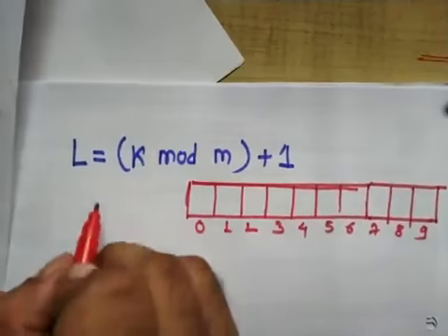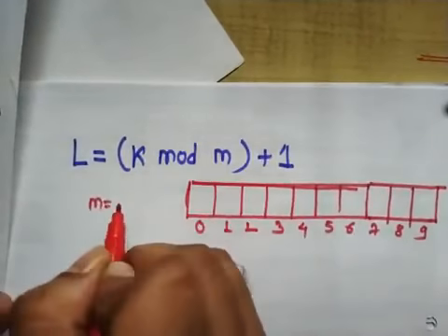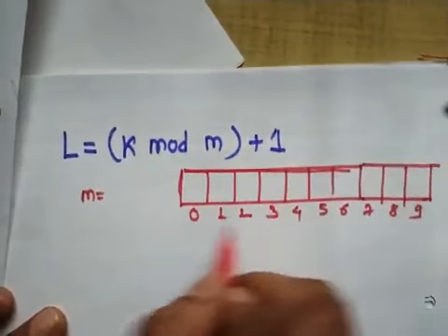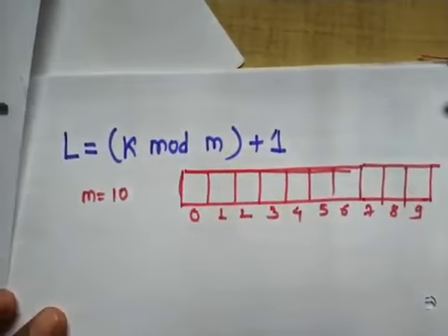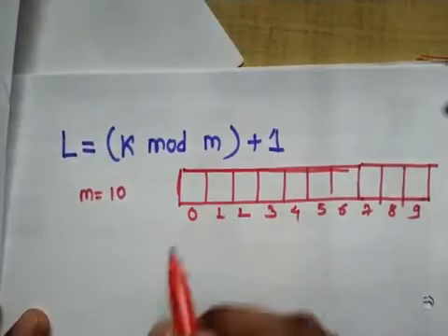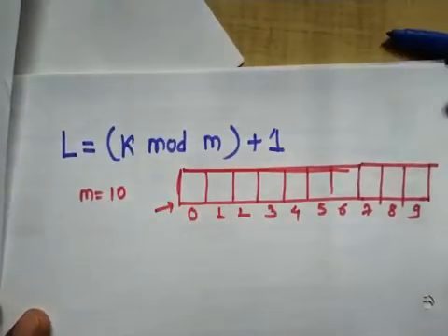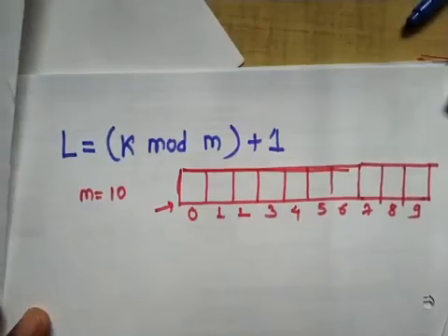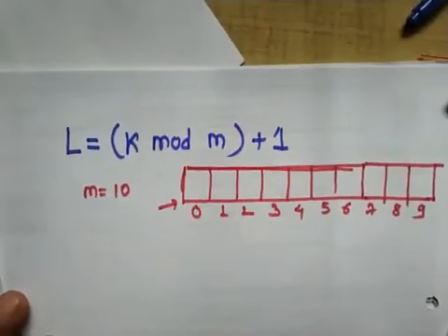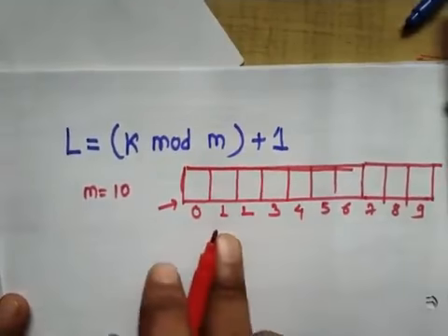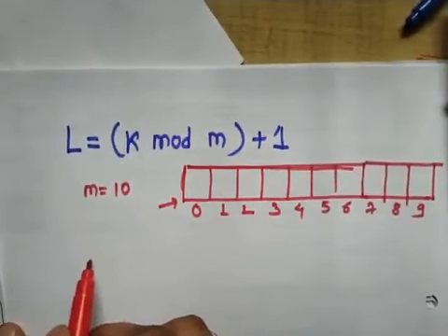So what is M here? M is the size of the array, that is 10. So how many elements can this array hold? 10 elements.